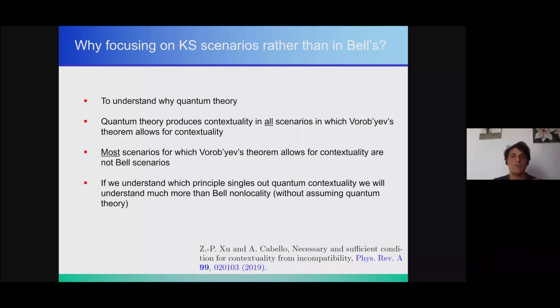And notice that most of these scenarios are not Bell scenarios. So if we want to understand with principles single-out quantum theory, or even if you want to understand Bell non-locality, the safest way to proceed is understanding what shapes quantum contextuality in this sense.